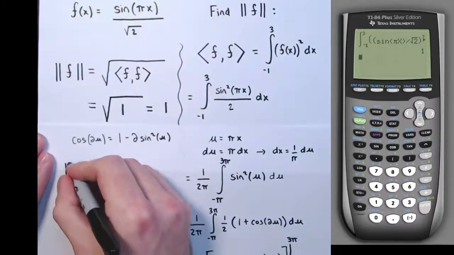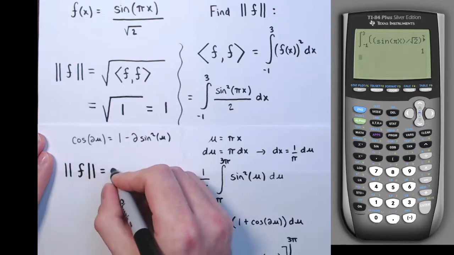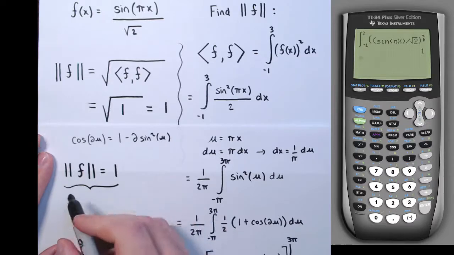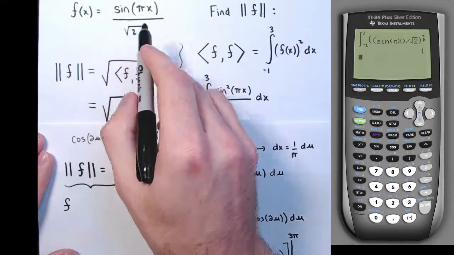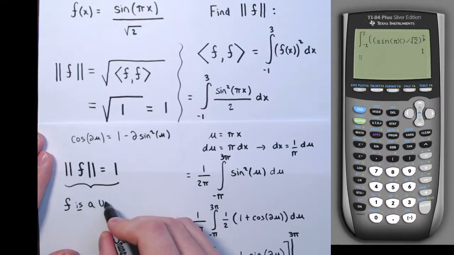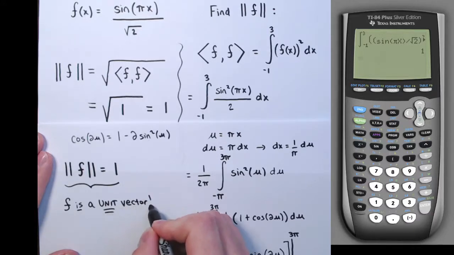So after all that, the norm of that function in this inner product space is 1. And since this is the case, this means that f, that function, sine of pi x over the square root of 2, is considered a unit vector in this space. It has a norm of 1.